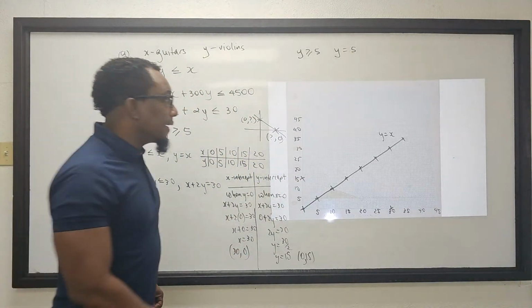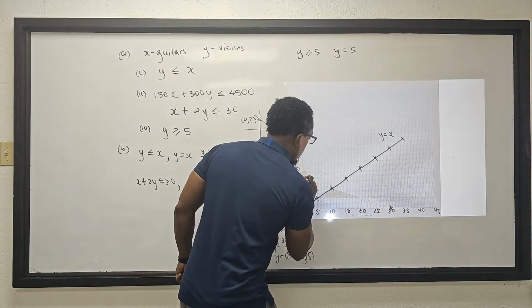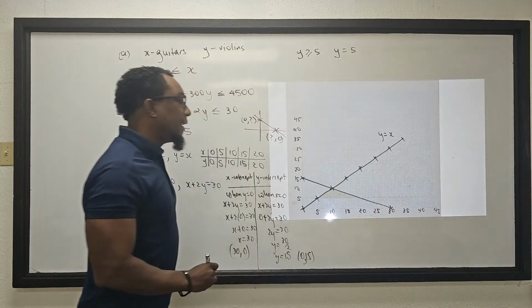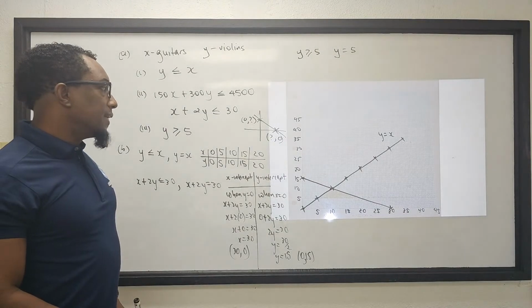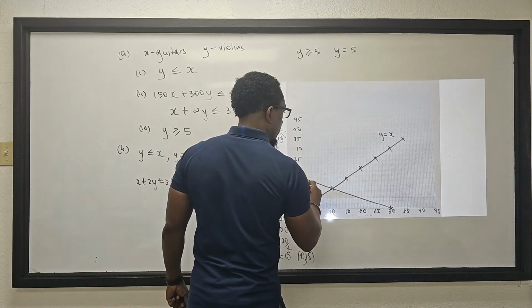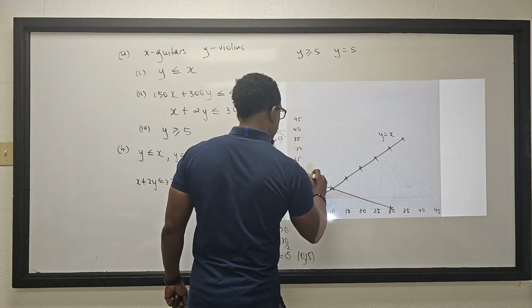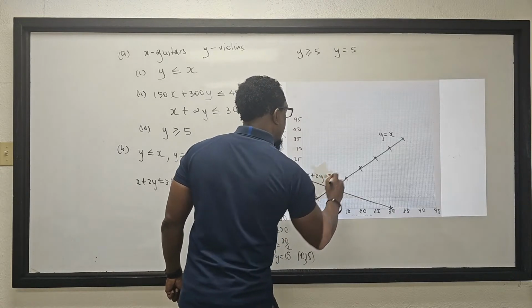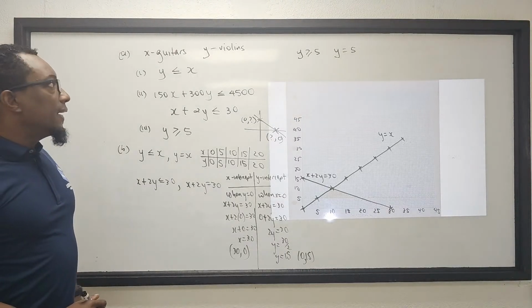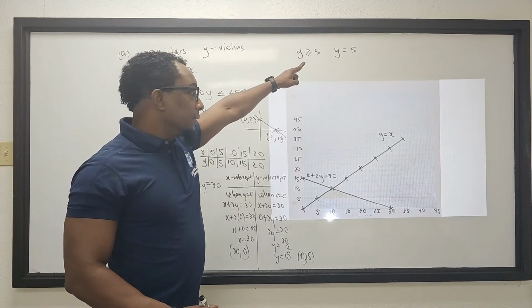And all I'm going to do is connect those 2 points to give me my line. Good, so this here is the second line, x plus 2y is equal to 30. And my third line is y equal to 5.